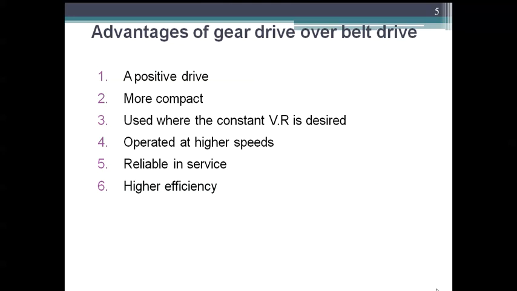And it has higher efficiency. It also has wide transmitted power ranges. It can transmit from slow speeds to high speeds, so we can use the gear drives where we require very low speed to very high speed.